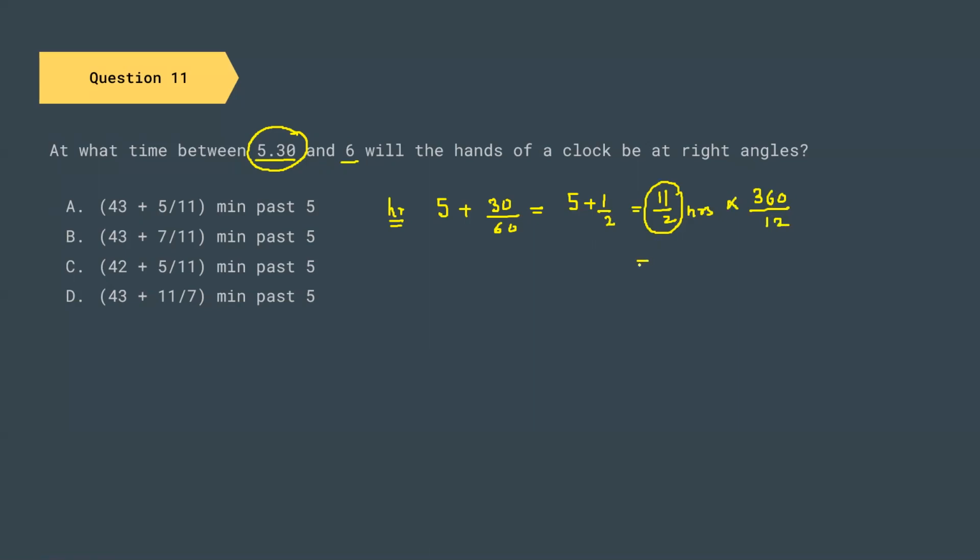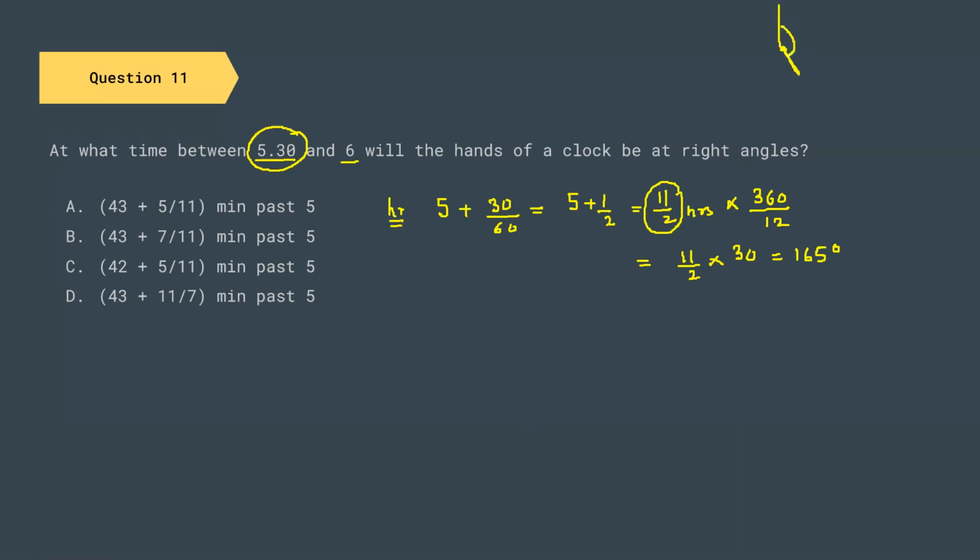So the total angle formed by the hour hand will be 11 by 2 into 30, which gives us 165 degrees. So the angle made by the hour hand is 165 degrees with 12 o'clock.